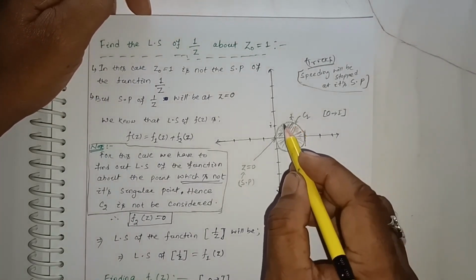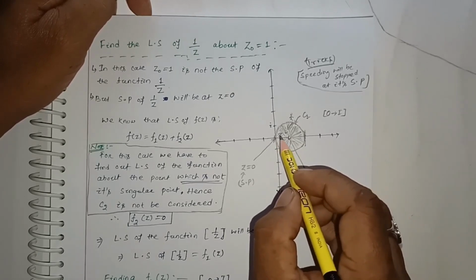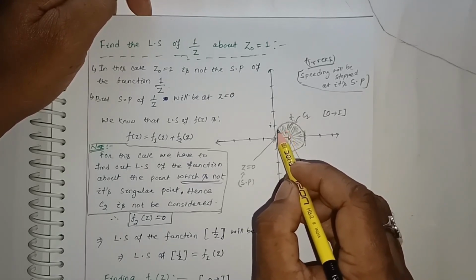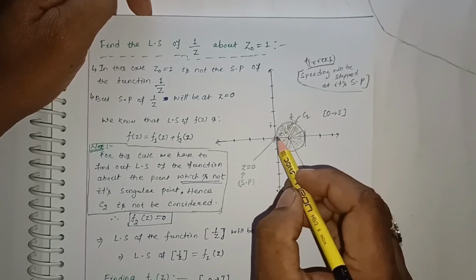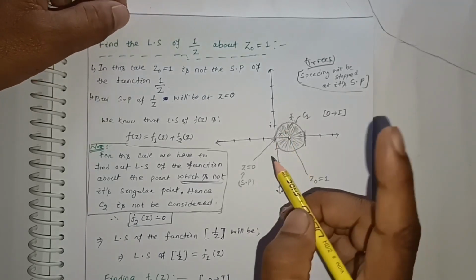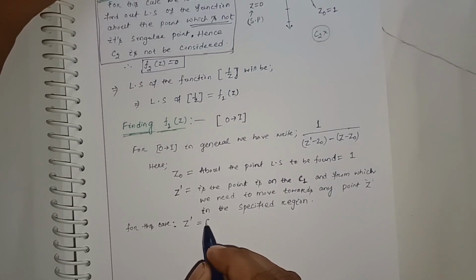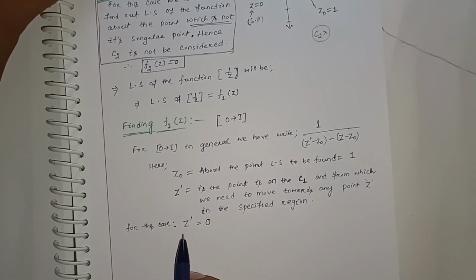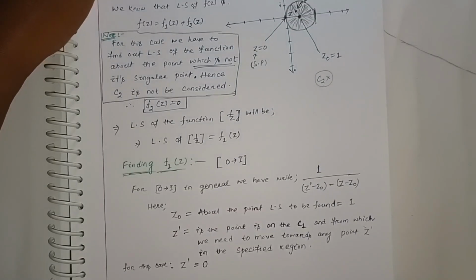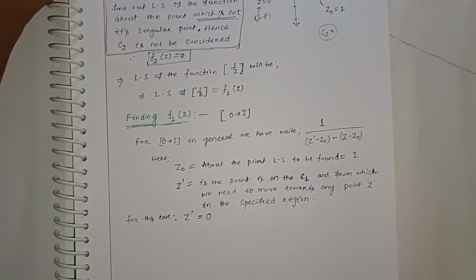The point on the circumference, 0, is on the circumference of this circle. So here z equal to 0 will act as z dash. Got my point? So here z dash is 0, which represents the singular point of this question.